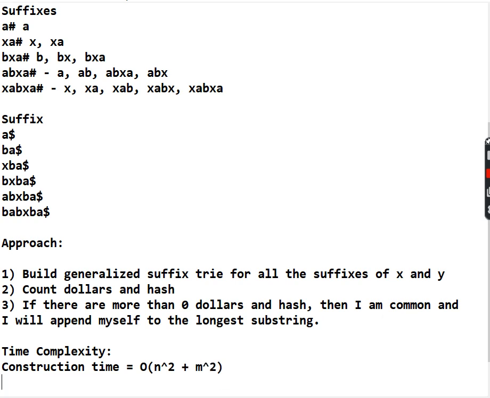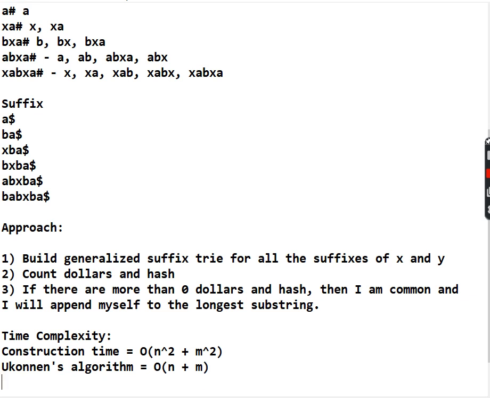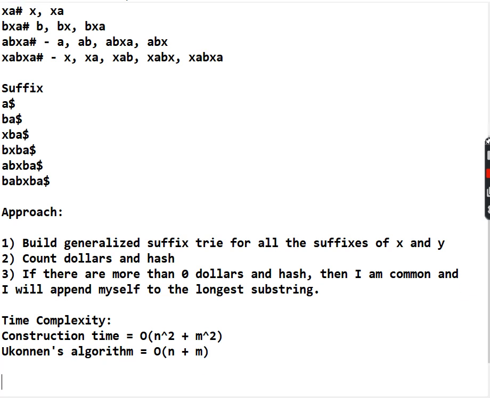But you know, you can reduce this construction time to linear using Ukkonen's algorithm. Using Ukkonen's, you'll have a construction time of n plus m. What is the time for getting the longest common substring?